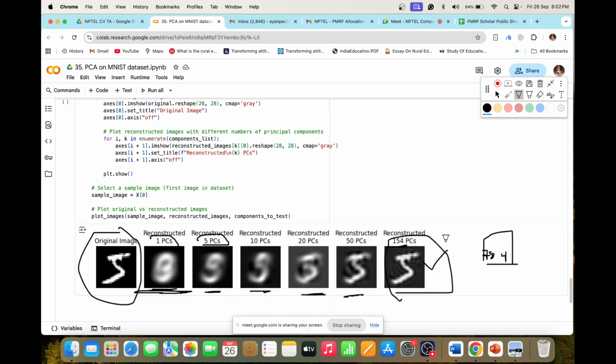So we are eliminating 630 principal components and taking only 154, and by this we still get a good image. So for one image we are reducing 630 dimensions.